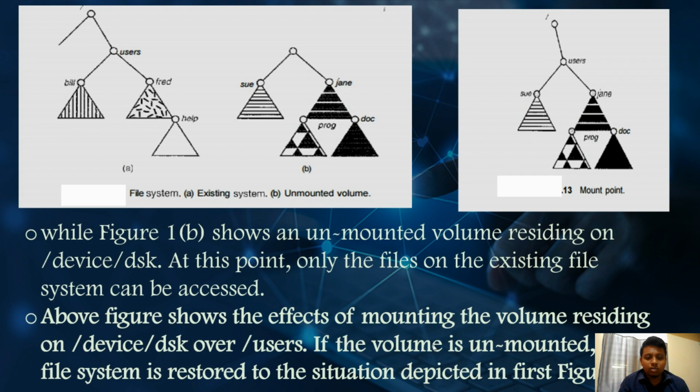The next figure shows the effect of mounting the volume residing on the disk. If the volume is unmounted, the file system is restored to the situation depicted in the first figure. This is the example of file system mounting.